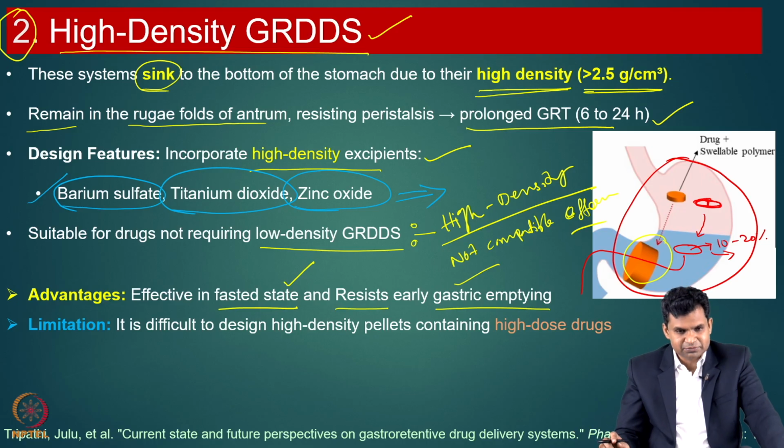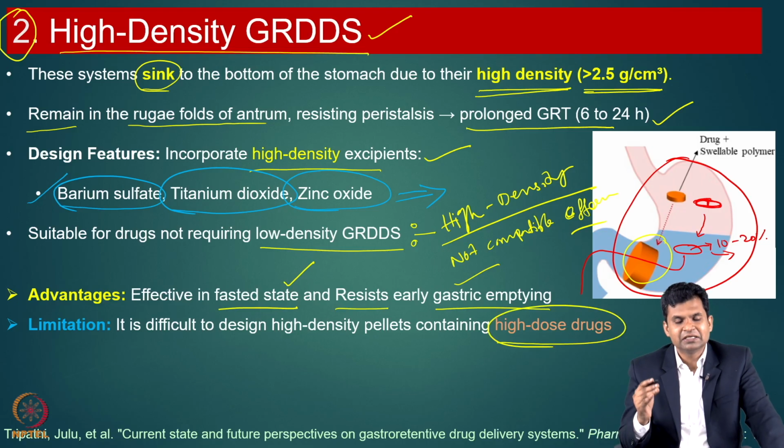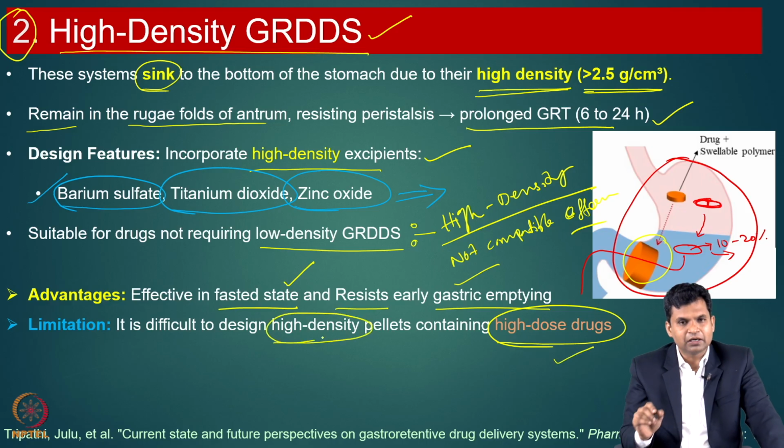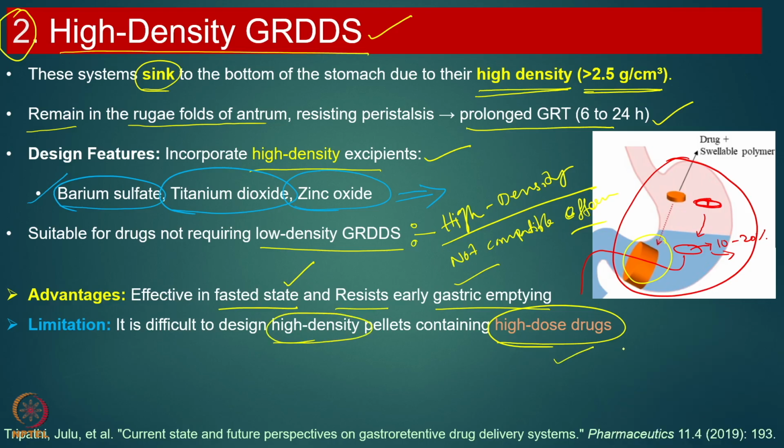The major limitation is that if a drug has a high dose, you cannot make such high density formulations, because your materials also have high density. In such cases we need to look for an alternative formulation.